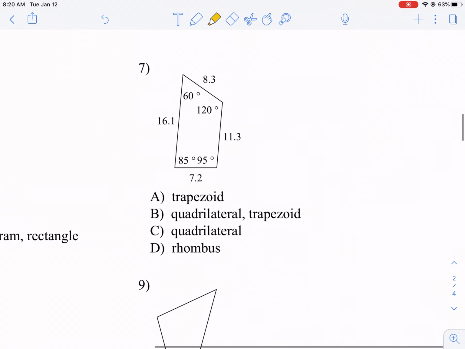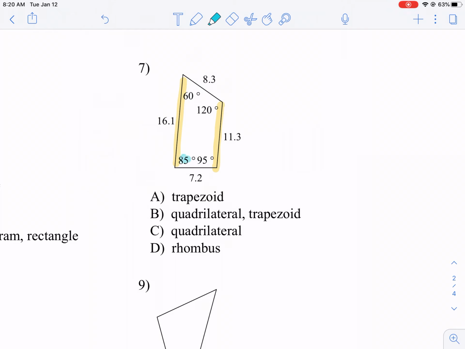Okay, number 7, we have, okay, not all sides are congruent, opposite sides are not congruent, but it's not a kite. Well, we don't even know, honestly, if these are parallel. Well, they're parallel if same side interior angles are supplementary, and they are for both. That's the key here.